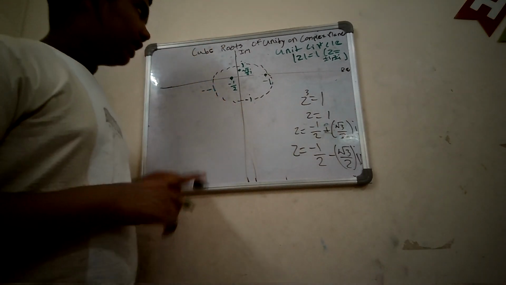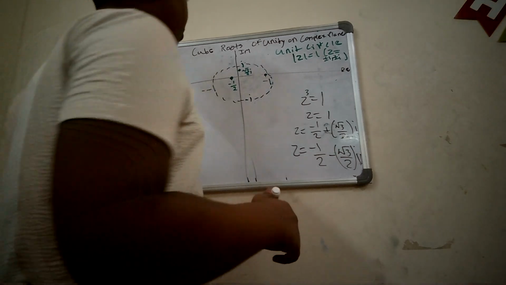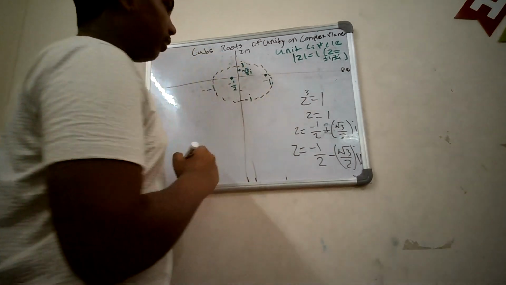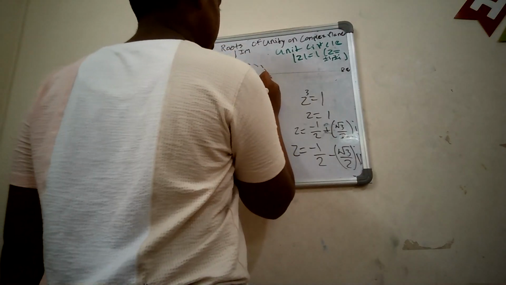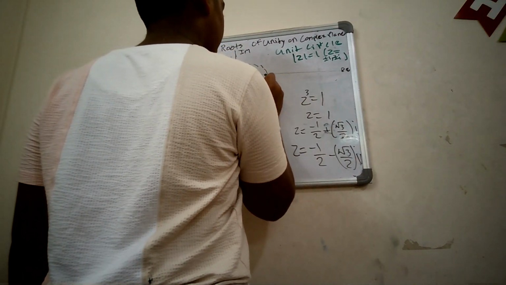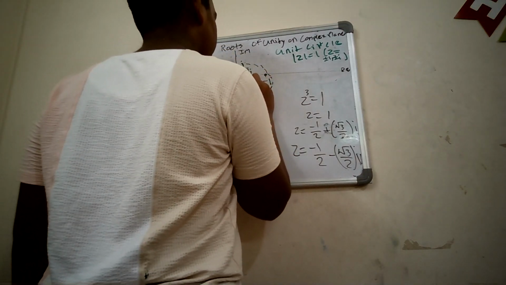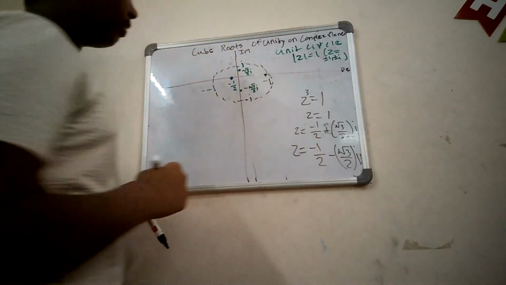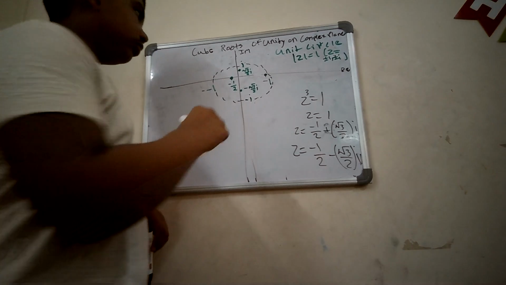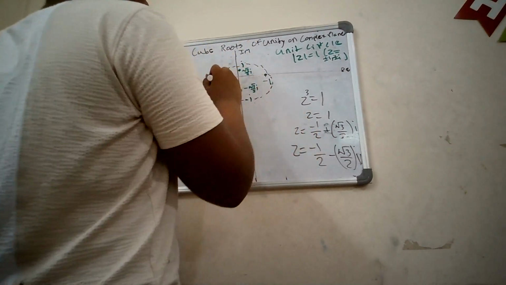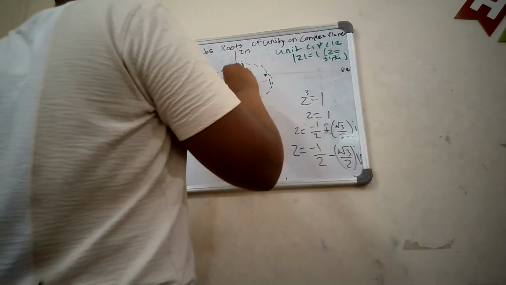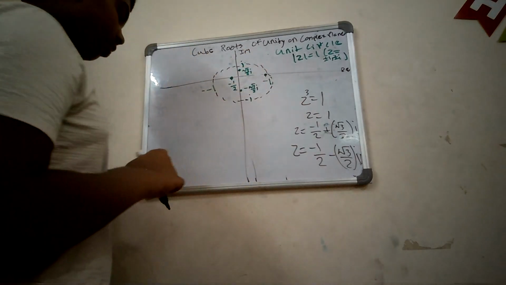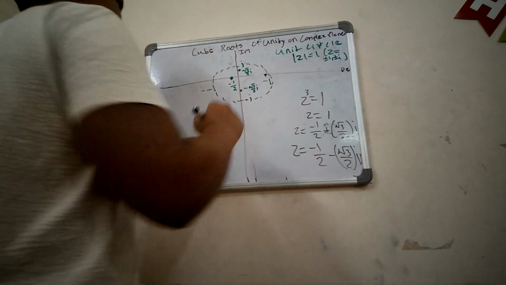Now we have negative 1 upon 2, and then we have negative square root of 3 upon 2i. So what can we conclude about this? Now look, the points on this, we can sort of connect the points like this, like this.